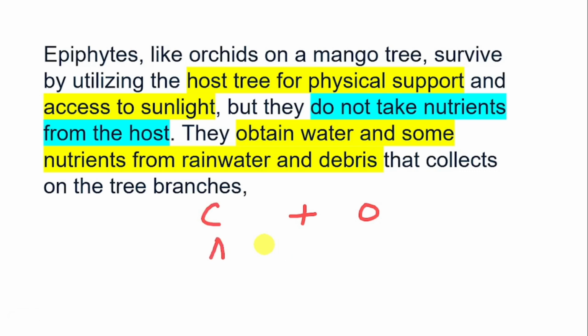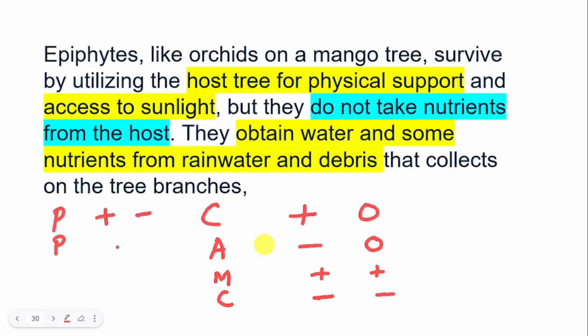In the case of amensalism, one is harmed and the other is unaffected. In mutualism, both are benefited. In competition, both are harmed. In predation and parasitism, one is benefited and the other is harmed.